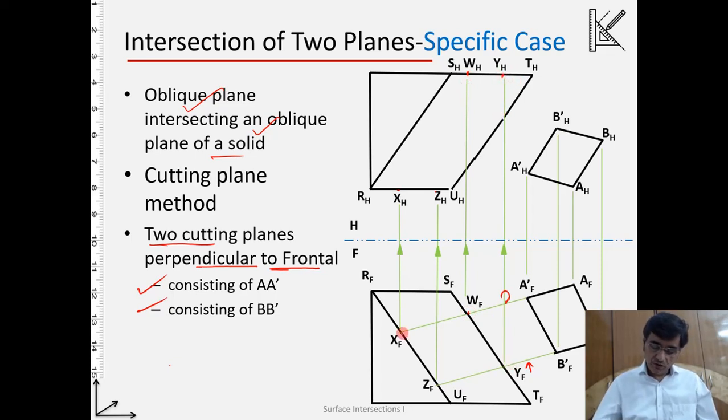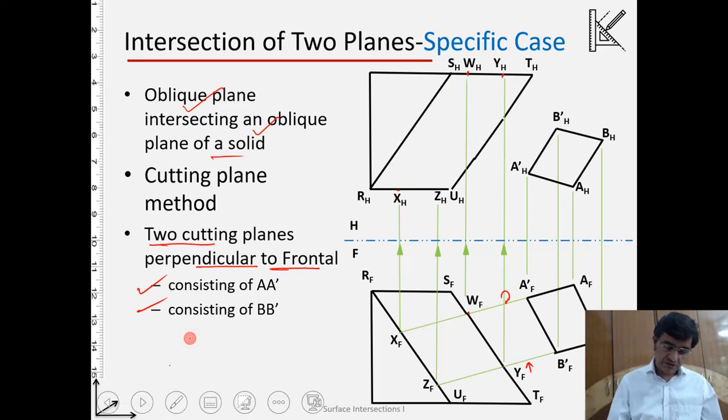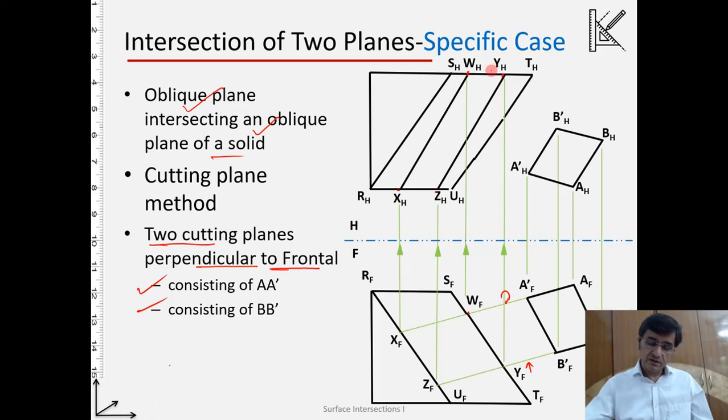So for XW, its corresponding projection onto the horizontal can now be drawn. So let us draw that. Similarly, for YZ, the corresponding projection on the horizontal plane is this.